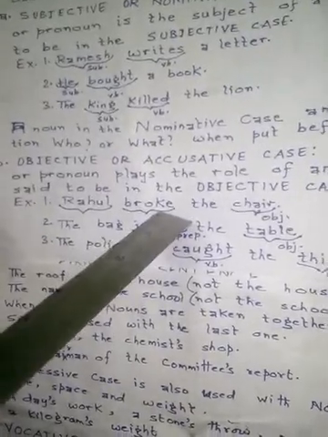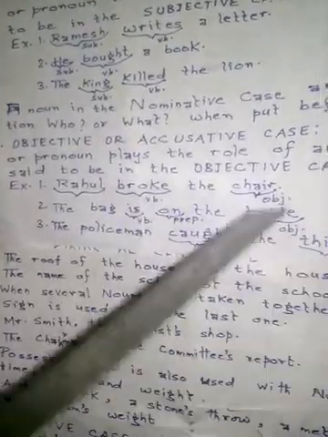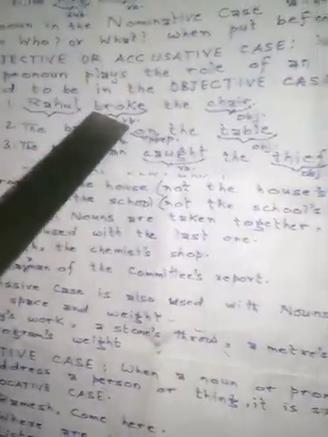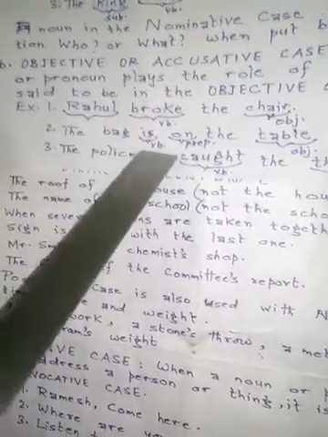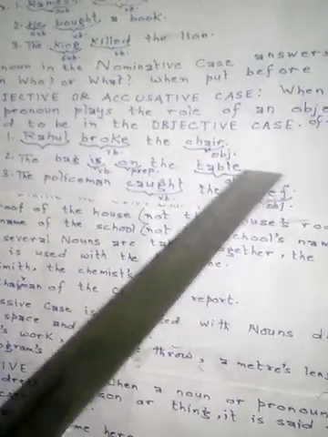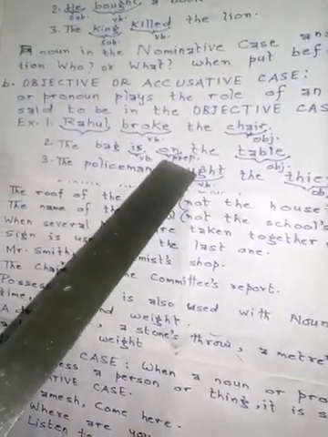Rahul broke the chair. In this sentence, chair is the object of the verb broke. Let's see the next example. The bag is on the table. In this sentence, table is the object of the preposition on.